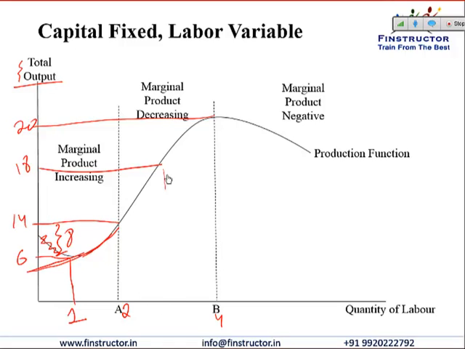The third person was only able to add 4 units. The first person added 8. And the fourth person was only able to add 2 units. And after that, we saw that the marginal product can even become negative. From the sixth person onwards, we saw that the output declined to 19.